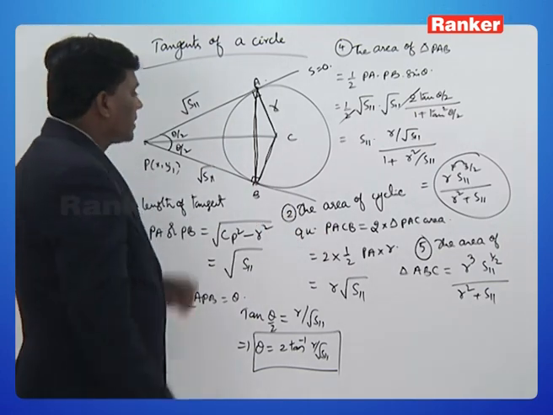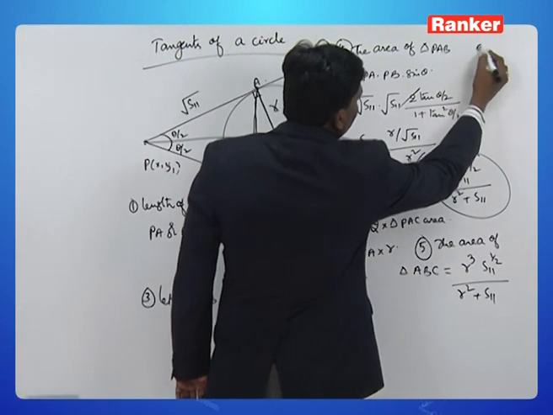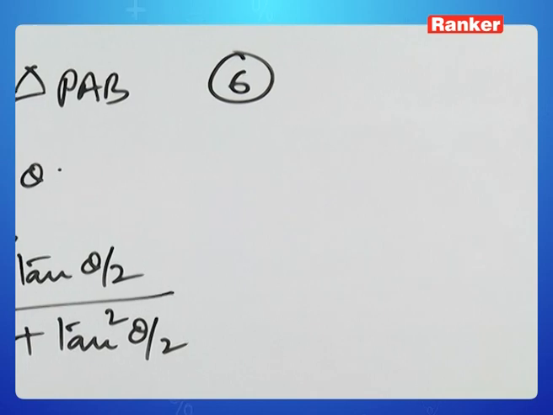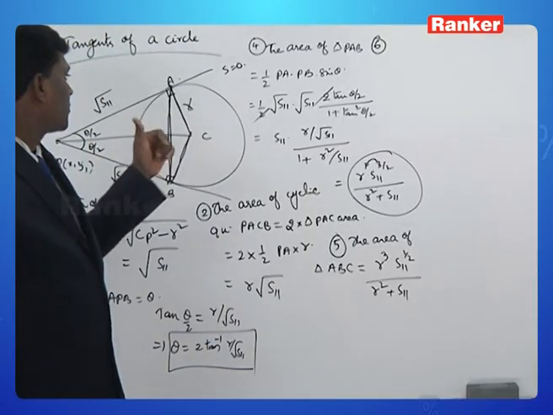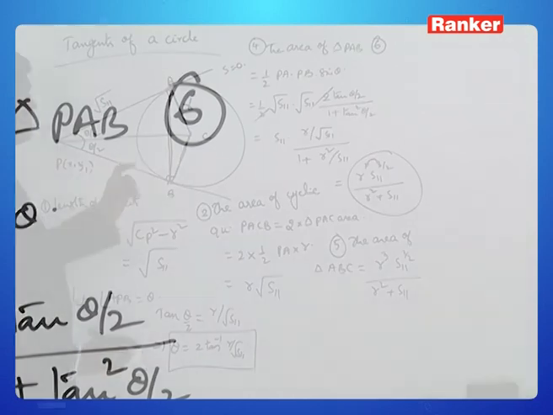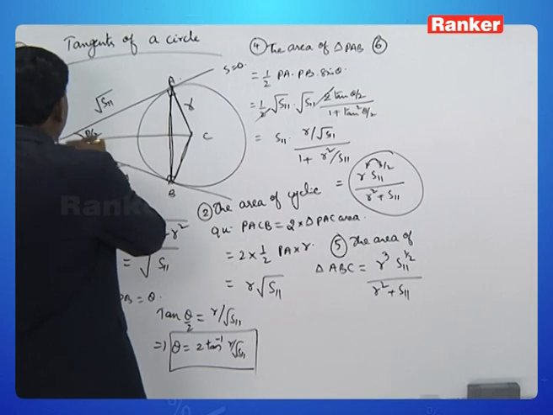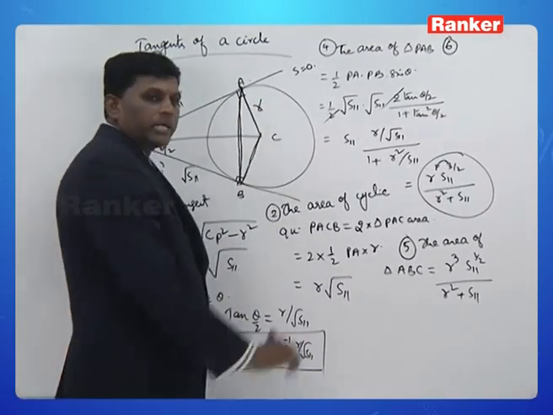Now, coming to the next point. Now, coming to the sixth point in the same diagram. In this diagram, we are finding different polygons here. PACB is a cyclic quadrilateral.